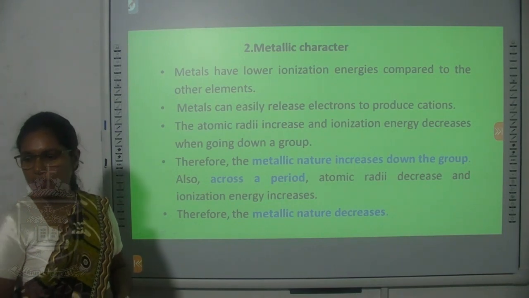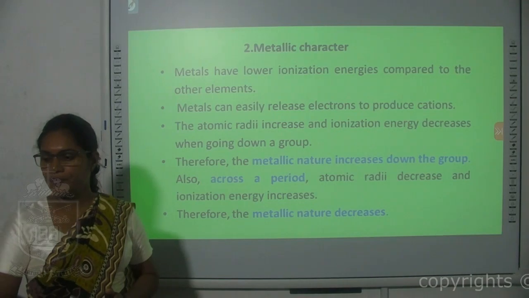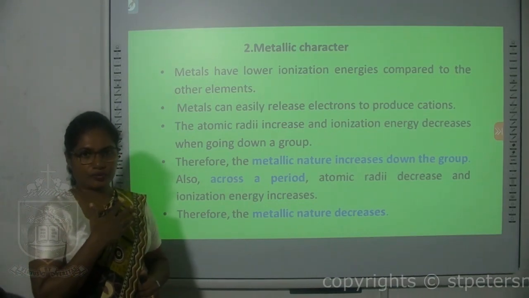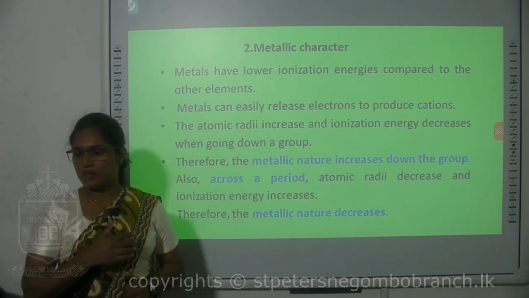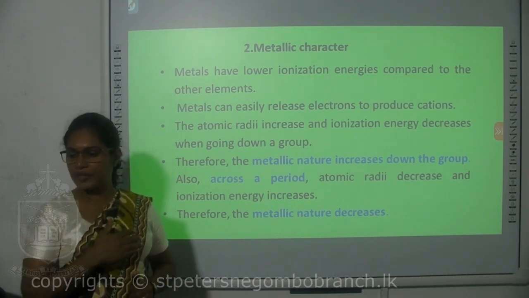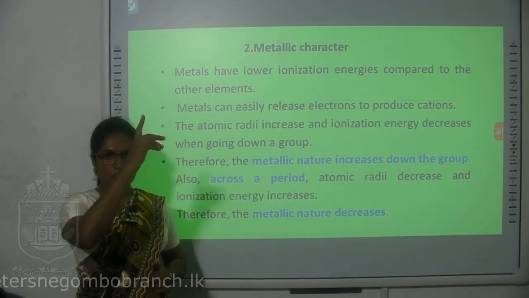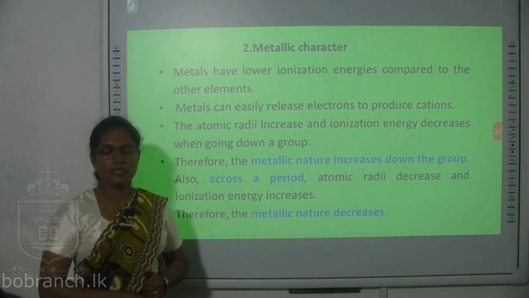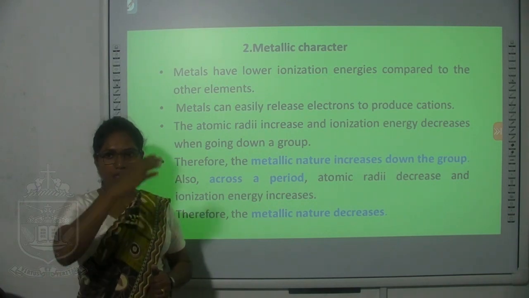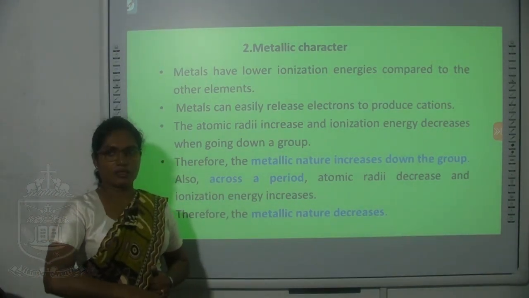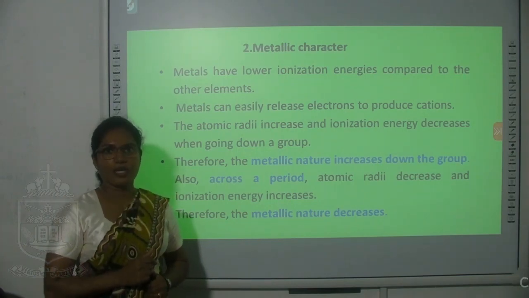Now let's take the metallic character of s and p block elements. When we go across the period, we can see the metallic nature decrease, and when we go down the group from top to bottom, we can see the metallic nature increase, because the atomic radius increases down the group and decreases across the period.